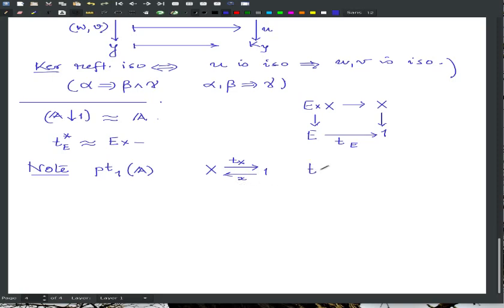So T x composed with X is the identity, right? So if you have a point, the objects in particular have points in the classical sense, right?